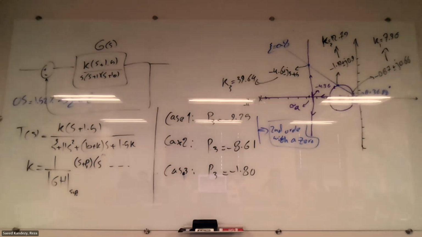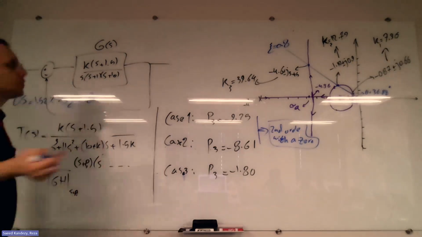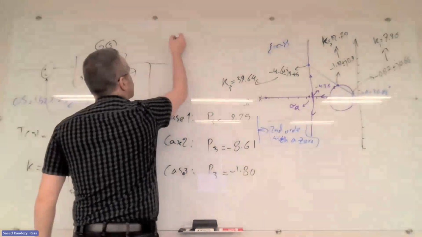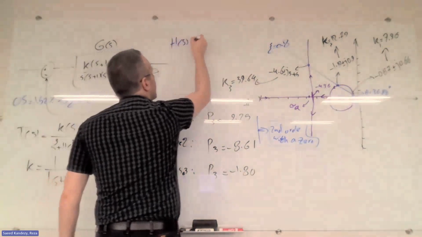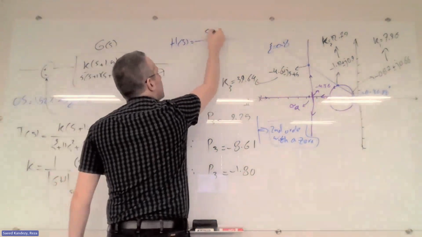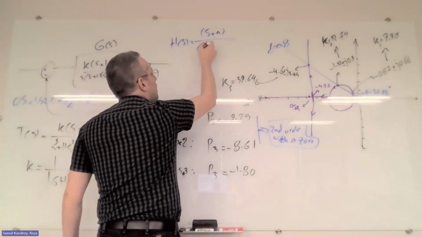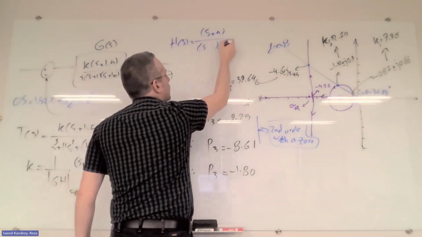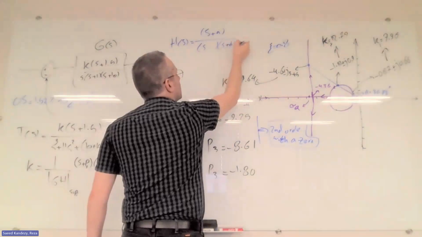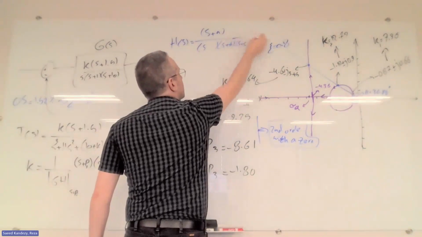Now, if we have an unknown transfer function, let's say H(s), with a zero, s plus a, and several poles, s plus b, s plus c, okay?